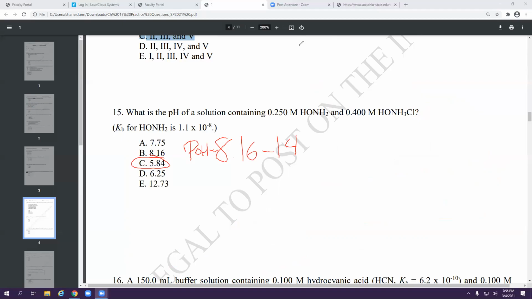You know how you have B, you changed it to B minus over HB? Why did you plug them in the way that you did? Why did you flip them? Because of the way the equation works, it's just the conjugate acid over the base. Right?